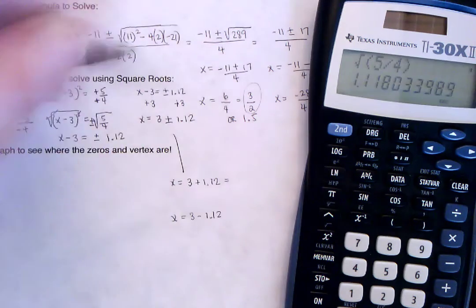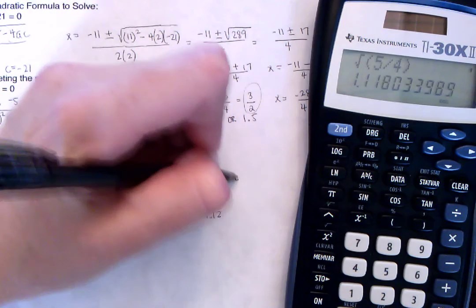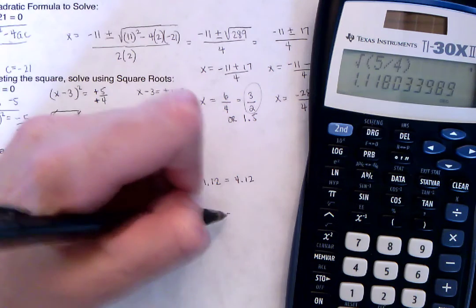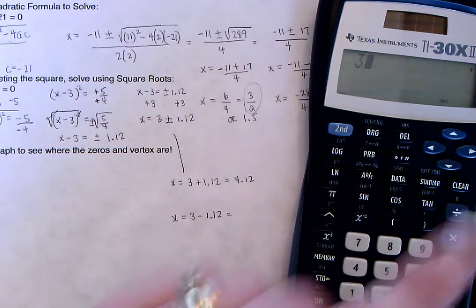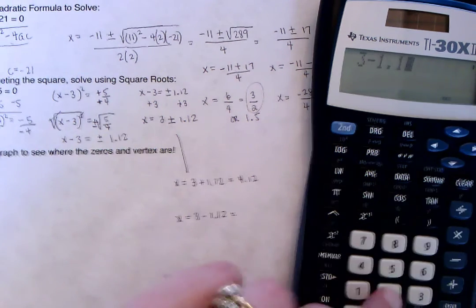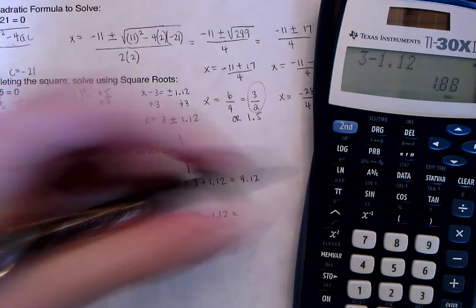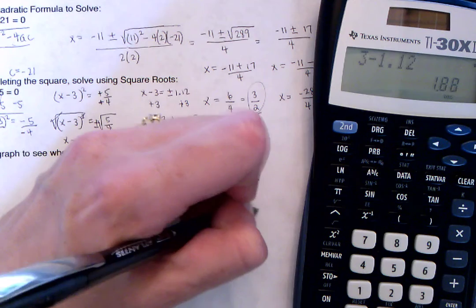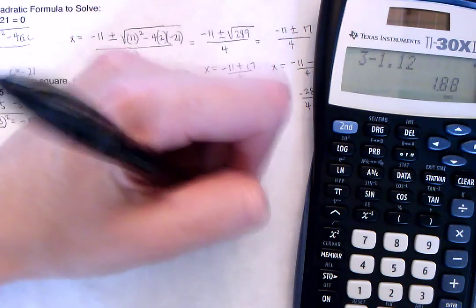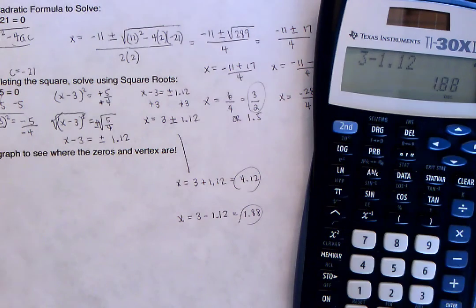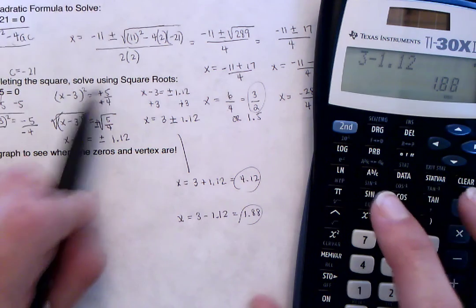Okay? 3 plus 1.12 is 4.12. And 3 minus 1.12 is 1.88. So these are the two answers if you do it after you complete the square, using square roots.